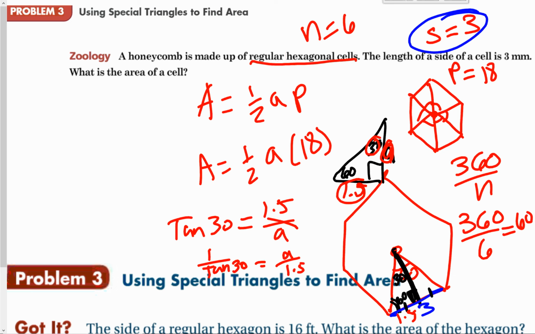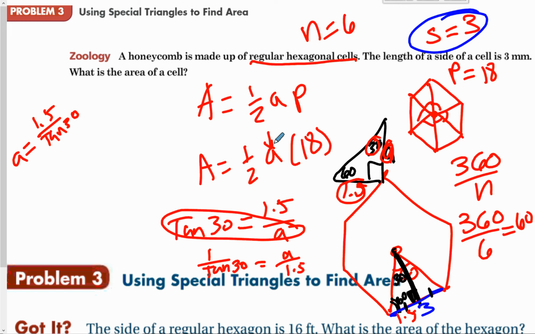Or basically these can just switch positions. Remember from our proportions, we can just switch those for proportions. So then we have apothem equals 1.5 over tan of 30. And so we can enter that in, and that will give us our apothem. And once we have our apothem, we can stick it right here and solve for that.